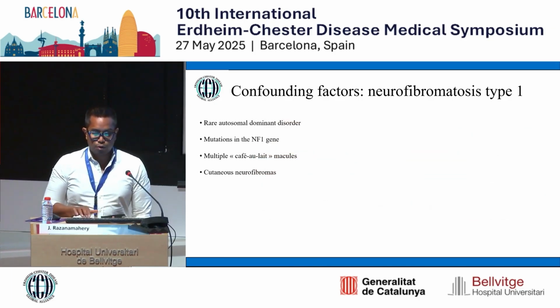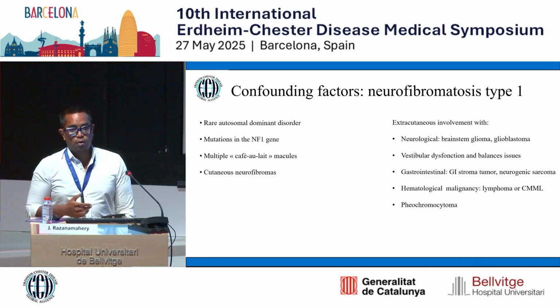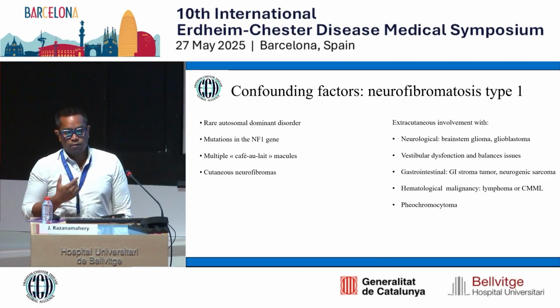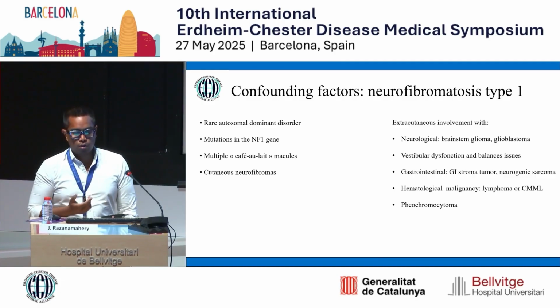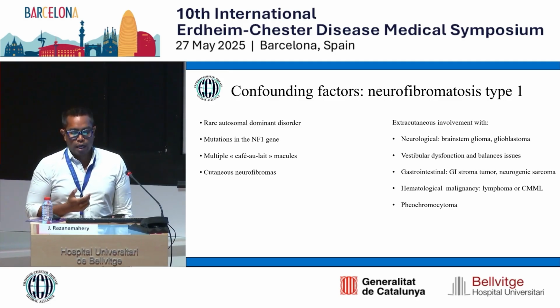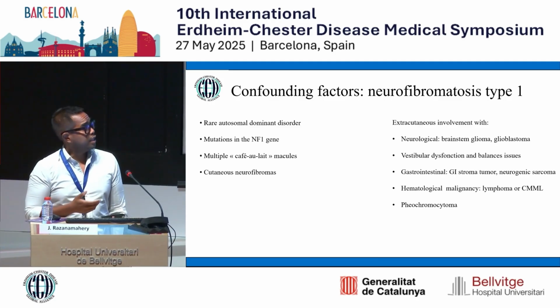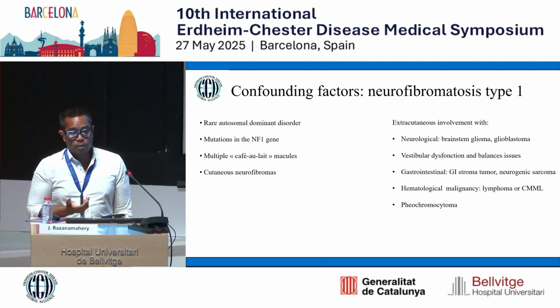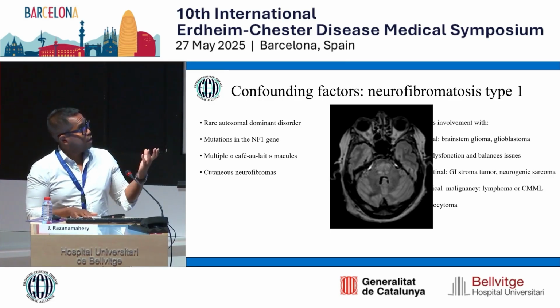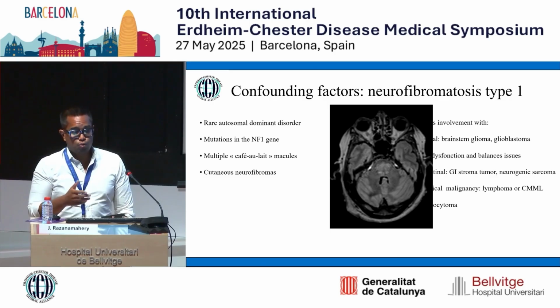But if you look at the literature, you can also have extracutaneous involvement in these patients, in particular some cerebral tumor, vestibular dysfunction and balance issues. They can develop gastrointestinal tumors and hematological malignancy, and they also have, in 1% of the cases, pheochromocytoma.